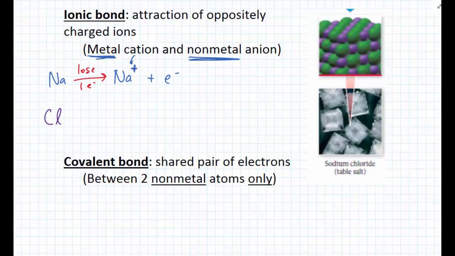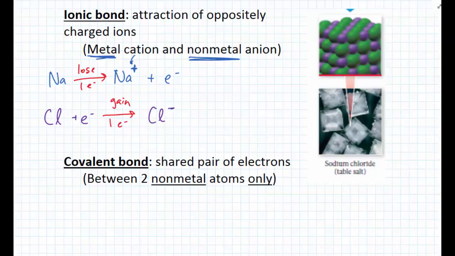What do nonmetals like chlorine do to form an ion? They gain electrons. Chlorine gains one electron. That's a gain. There's our chloride anion, Cl minus.